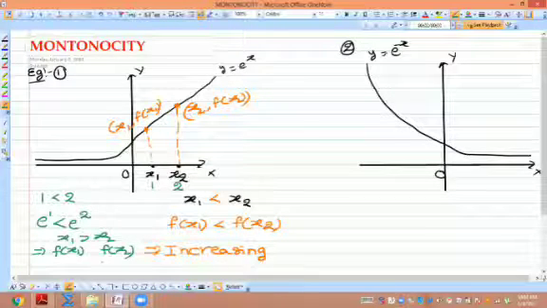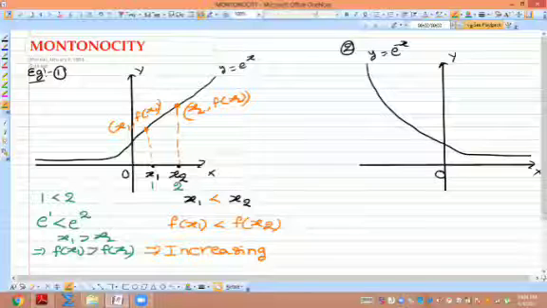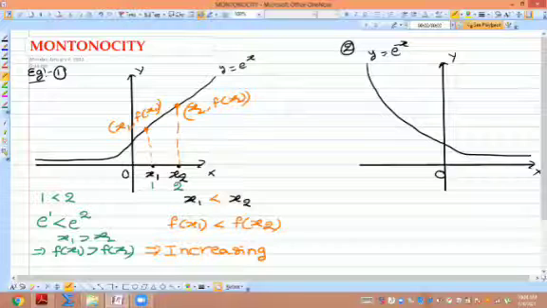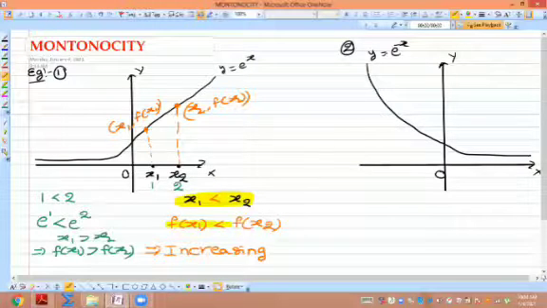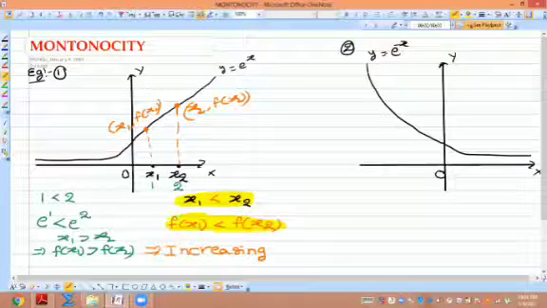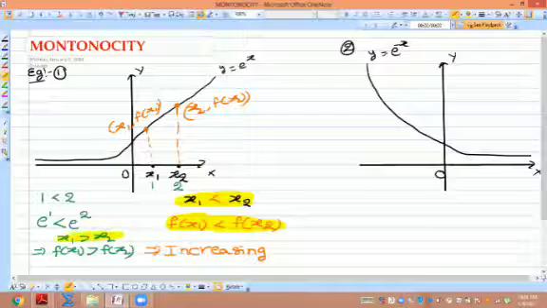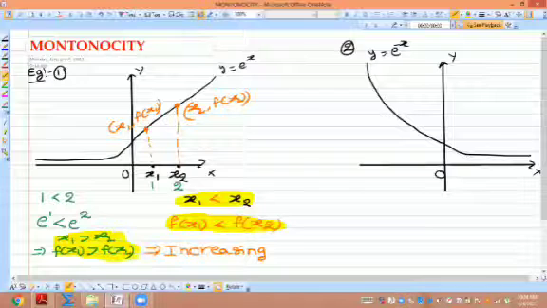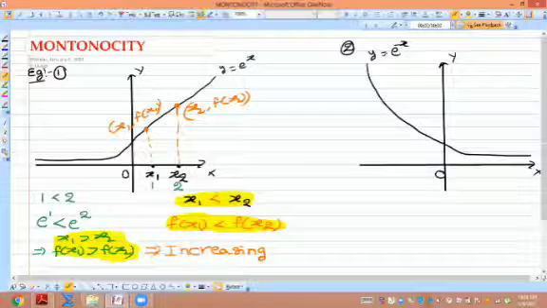F of x1 will be greater than f of x2. Means whenever x1 is less than x2, f of x1 should be less than f of x2. Or else, if x1 is greater than x2, f of x1 should be greater than f of x2. Then we will say that the function is increasing.